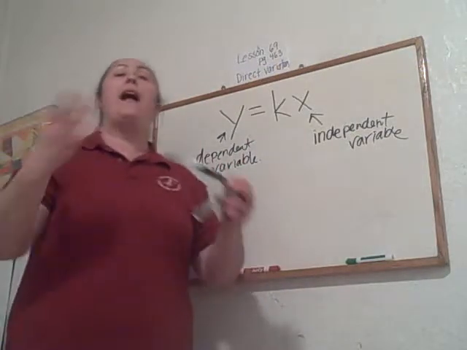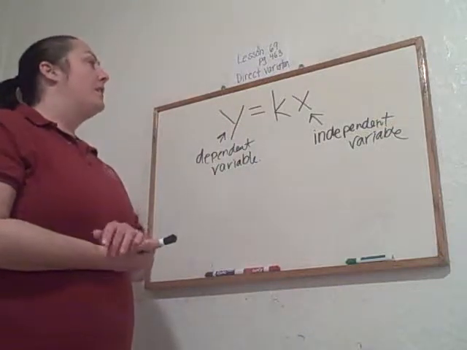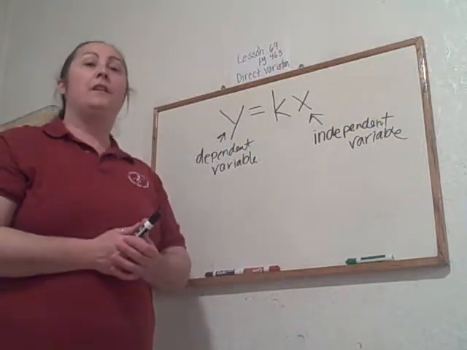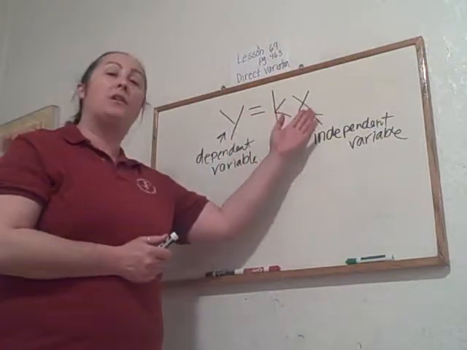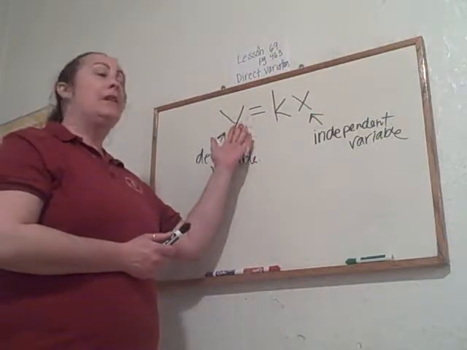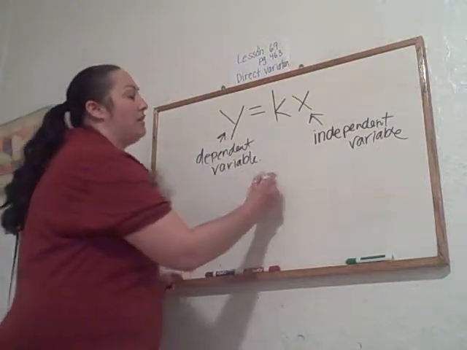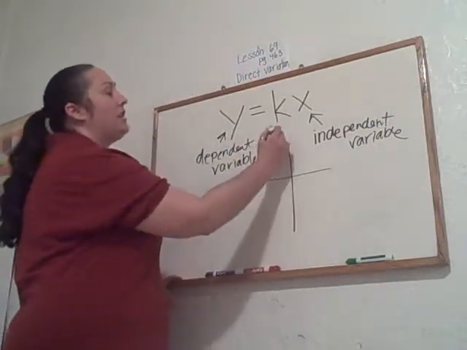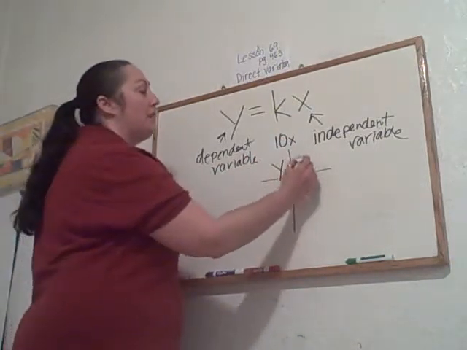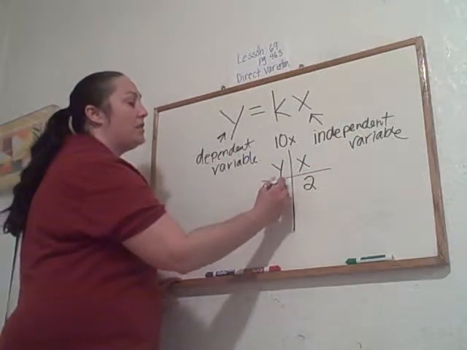Let me give you a few practical examples of what a direct variation is. If I'm working at a job and I make $10 an hour, it depends on how many hours I work to how much money that I make. If I'm working $10 an hour, then the equation would be 10 times x to find y. So if I work for 2 hours, then I've made $20.